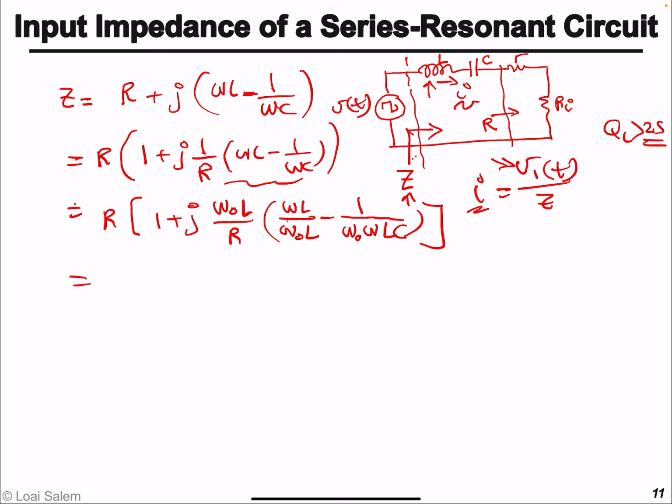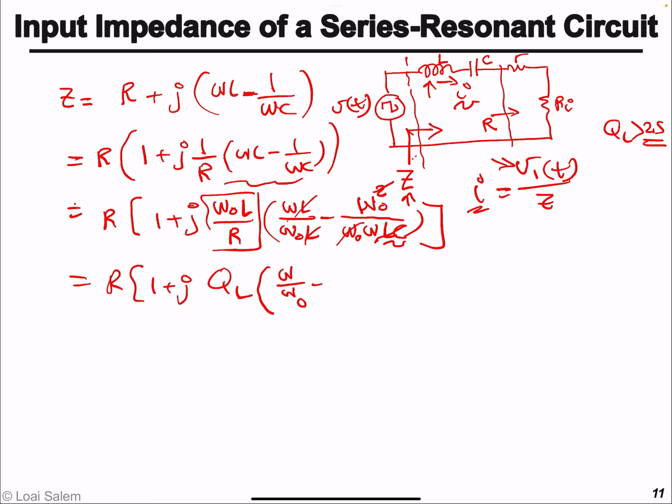Well, we can cancel L with L. Omega naught L over R is basically the loaded quality. Then we have omega over omega naught minus 1 over LC, which we can replace with omega naught squared, and then we can cancel this square, so we end up with omega naught divided by omega.